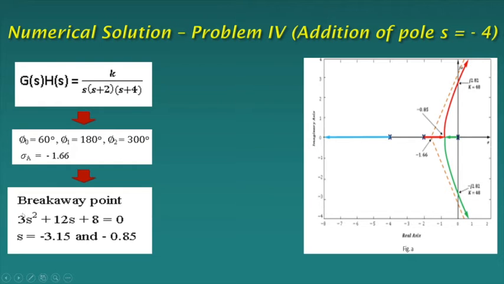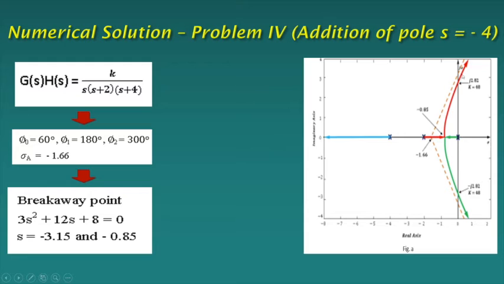Using the characteristic equation, we get 3s square plus 12s plus 8 equal to 0. From this equation, we get two roots: one is minus 3.15 and another is minus 0.85. Then this is the centroid of the asymptotes.